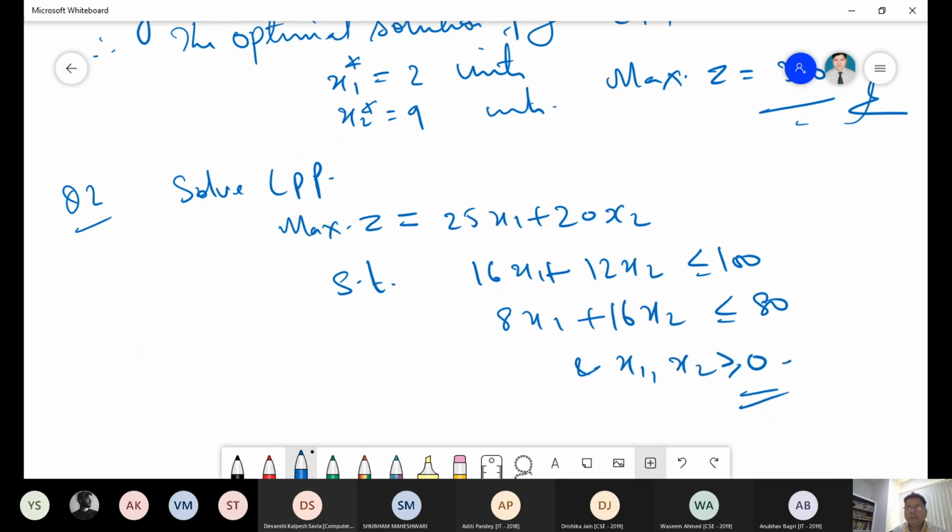Do it quickly, I am giving you 3 to 4 minutes. You solve it by graphical method, not another method.